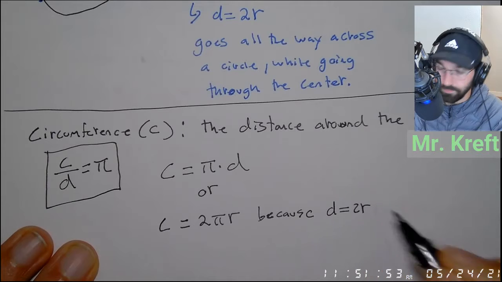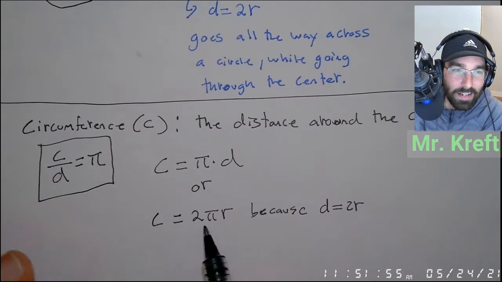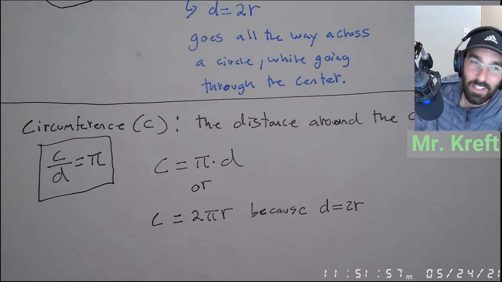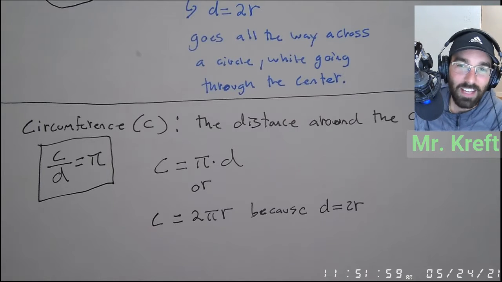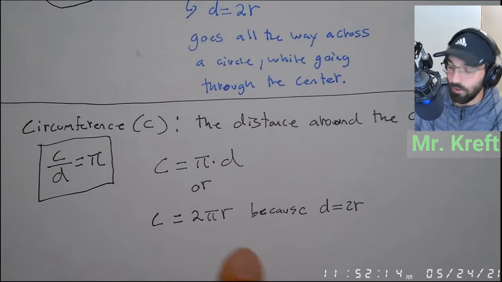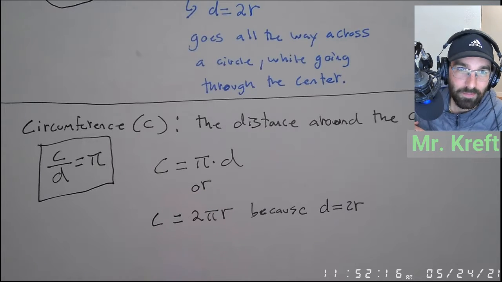Now, why do they write it like 2 pi r and not pi times 2r? Guys, I don't know. All I know is that that's become the standard. I'm sure there was some silly reason for it, but that's how people write it. So if you want to Google this, this is how it's probably going to show up on the internet.